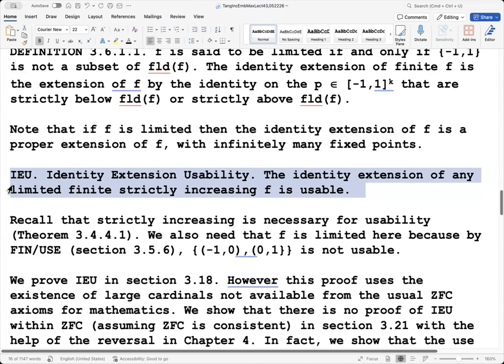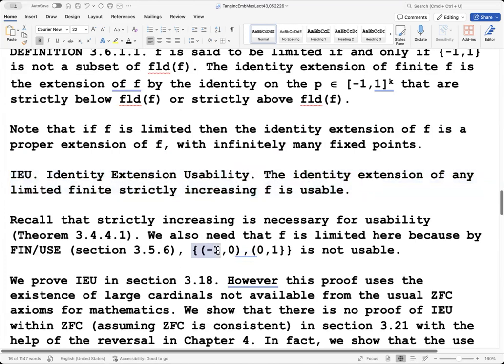Okay. And you have to have strictly increasing because that's necessary for any usability. That's been proved a long time ago. And also, you need to say F is limited because if F is unlimited, the proper extension is itself, but it may not be usable.